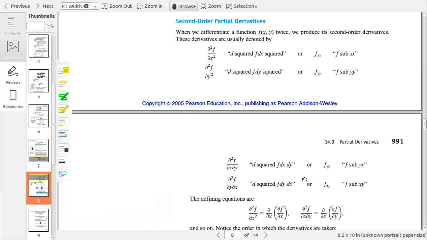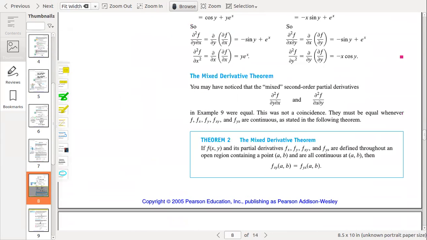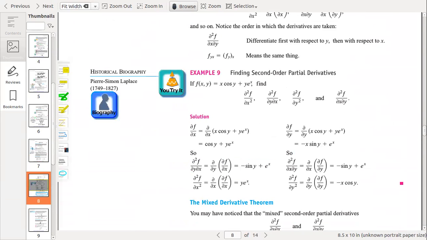Similarly here, if we take a derivative of f with respect to x and then with respect to y, we will get this kind of notation. The defining equations are partial square f. We can also write it like this. So these are the notations. Okay, we will go to the real example.